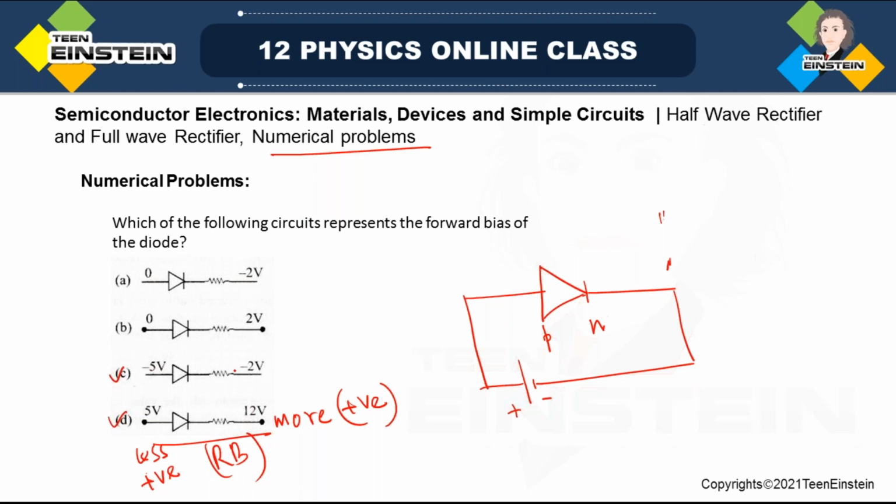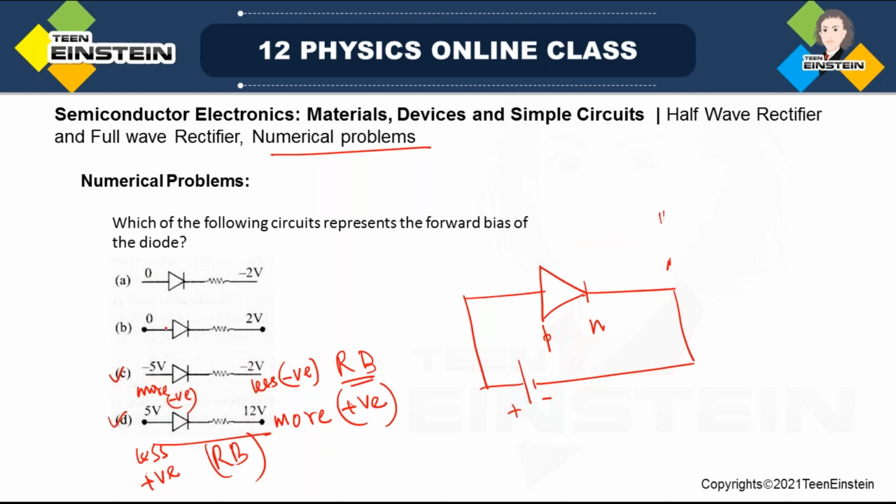Now if you take C, both are negative, but you have to see which one is more negative, or which one is less negative. Minus 5 means it has more negative, and this is having less negative, so this is also reverse bias.